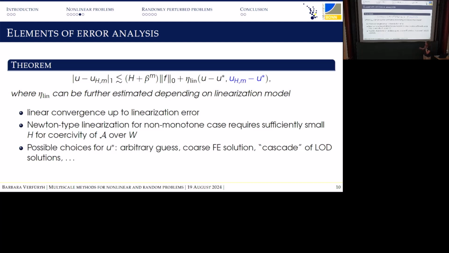And I want to briefly mention, because U star should ideally be close to, for instance, the exact solution, let's think about how we could choose U star. We can't choose it as the exact solution because we don't know it, that's obvious. The first thing, if you don't know anything, is to just make some arbitrary guess, because you would need an arbitrary guess as your starting value for the iteration anyway.